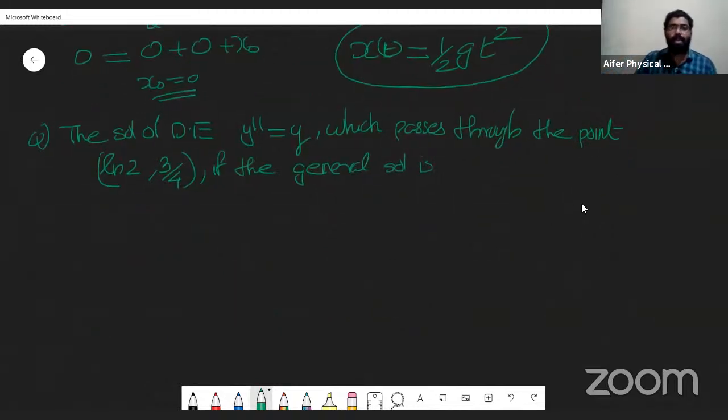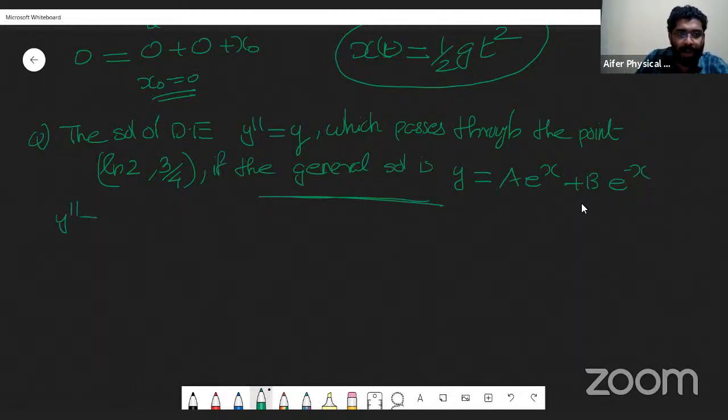Now, the general solution is given to you, which is y equal to a e raised to x plus b e raised to minus x. We are not yet familiar with solving second order differential equations, therefore the general solution is given. Once you solve the differential equation, you get a general solution a e raised to x plus b e raised to minus x.